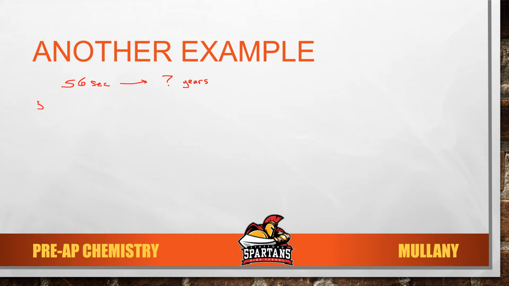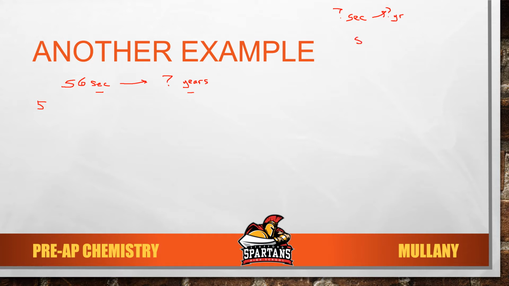Step 1. Let me show you how we're going to approach this. We have nothing that equates seconds and years. We don't know what these numbers are, so we can't do it in one step.